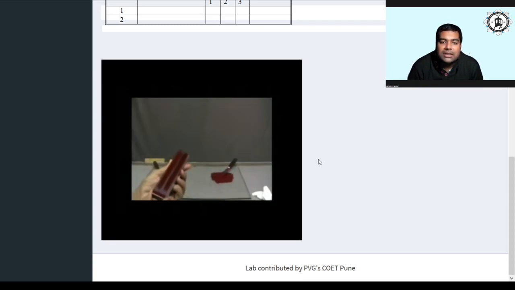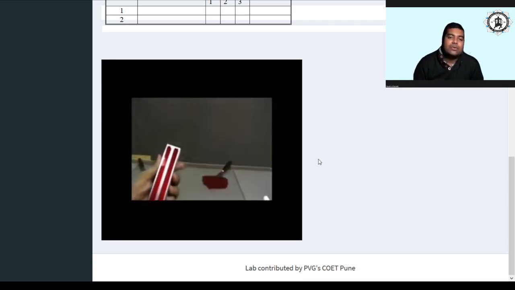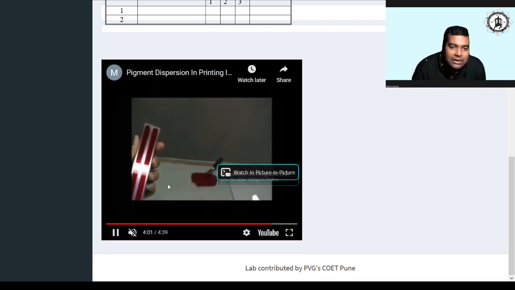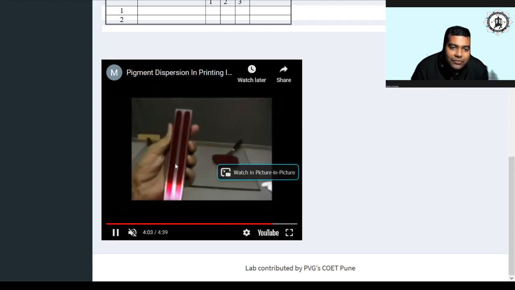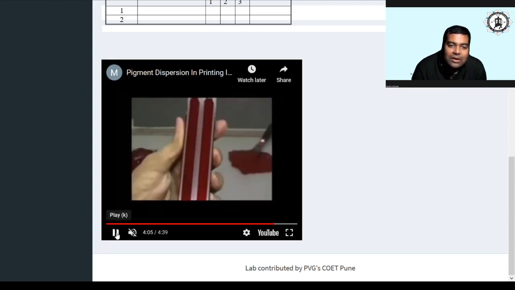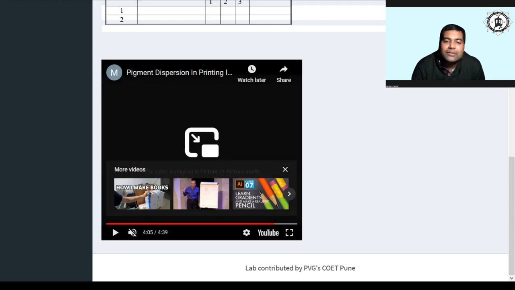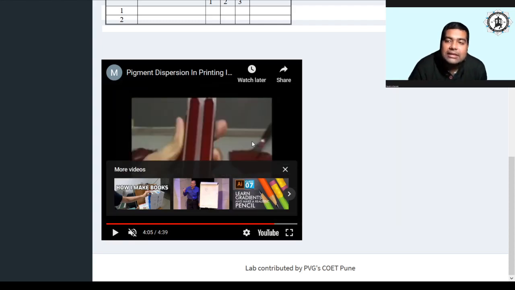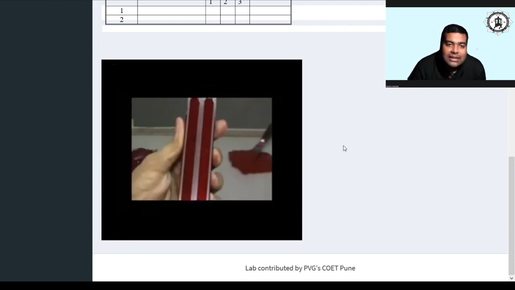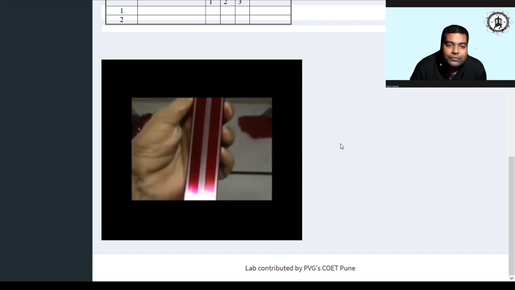Okay, now immediately within 10 seconds they are now looking. Now take a look nicely. This is very much a well dispersed ink. Finally manufacturing is very, very well dispersed, but still you can check the dispersion quantity.